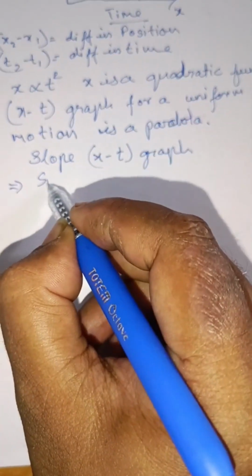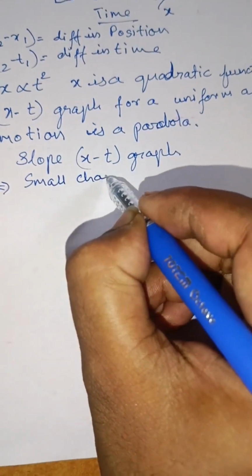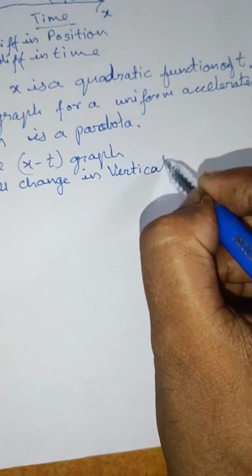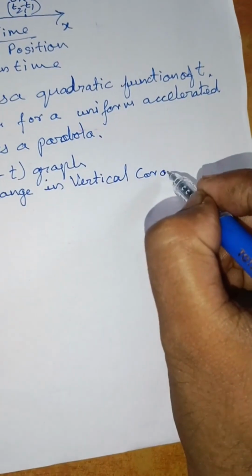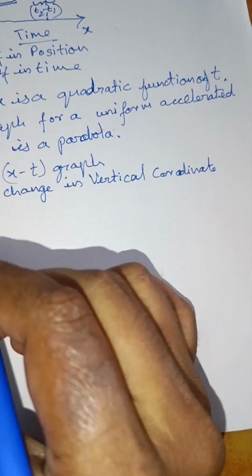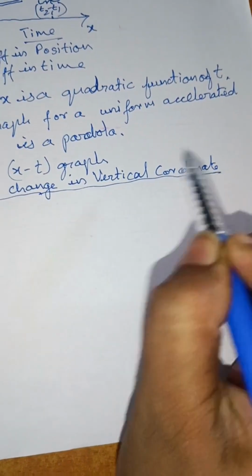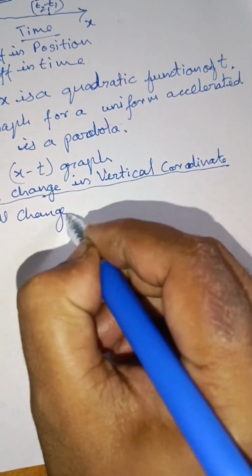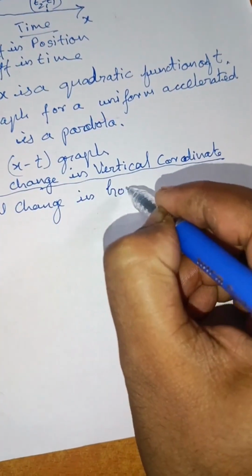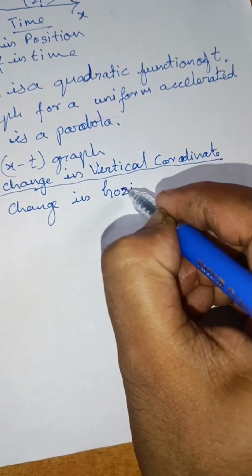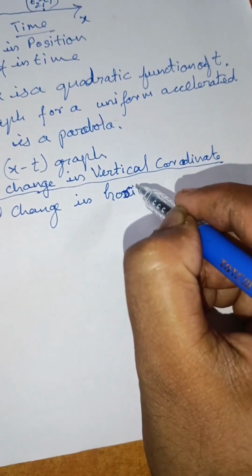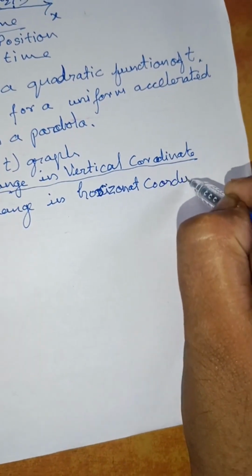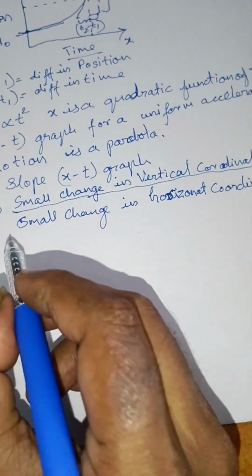That is nothing but the small change in the vertical coordinate divided by the small change in the horizontal coordinate.